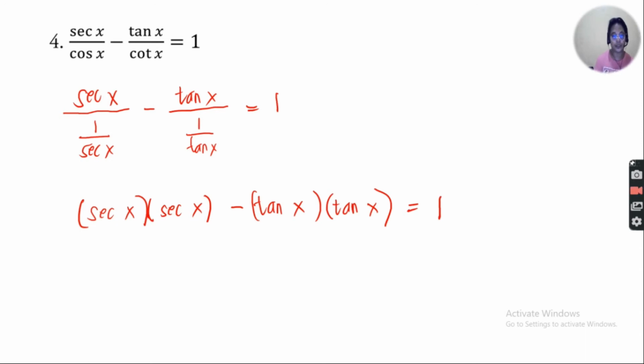Then we have secant squared x minus tangent squared x is equal to 1. And we have Pythagorean identity, secant squared x minus tangent squared x is equal to 1. So 1 is equal to 1 po.